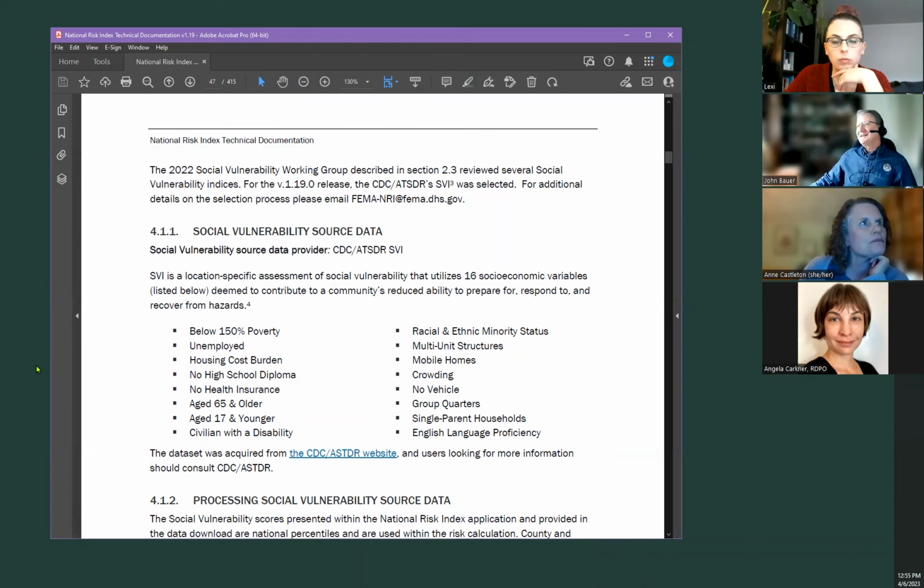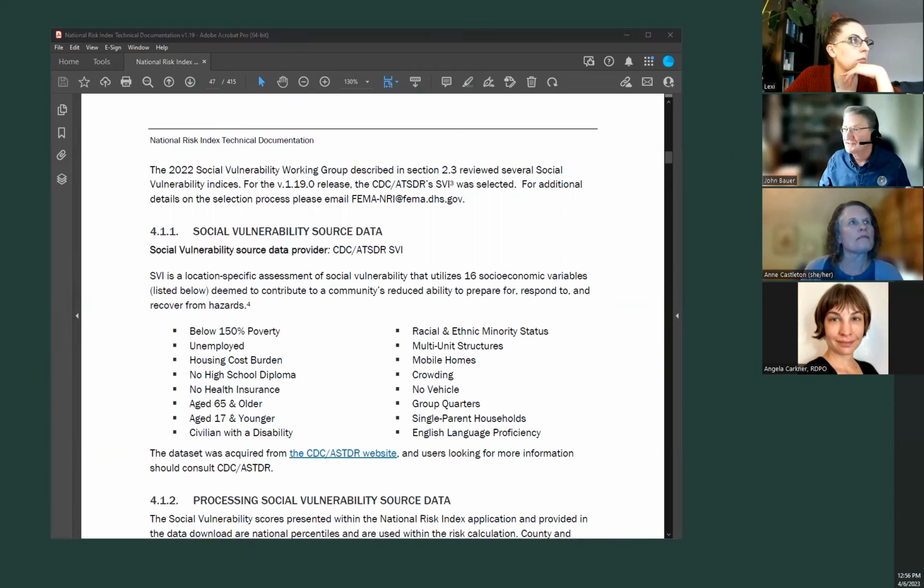Okay, so those are the types of data sets that are available at that census tract level. And with equity, I know in a post-earthquake environment it's going to be high stress, but you can do some homework ahead of time and understand where underserved communities are within your jurisdictions here.